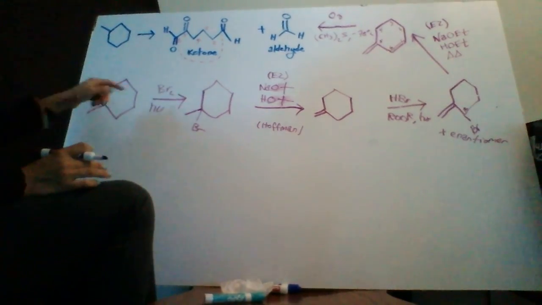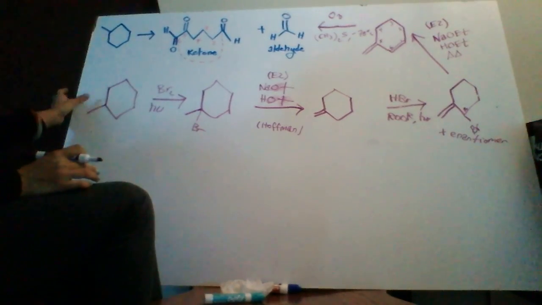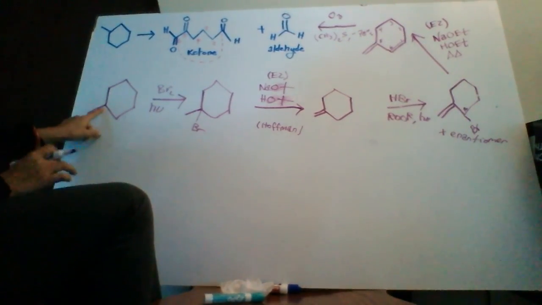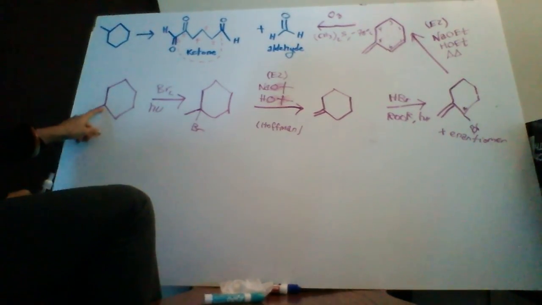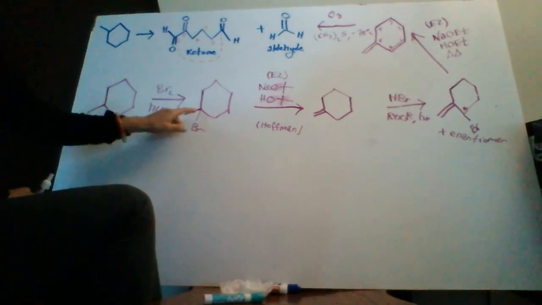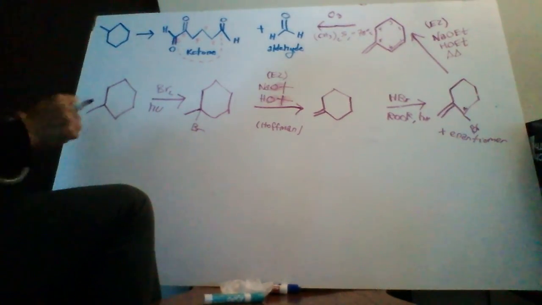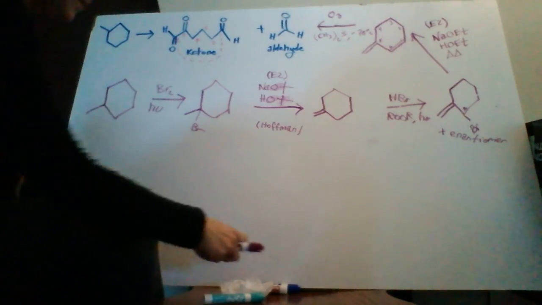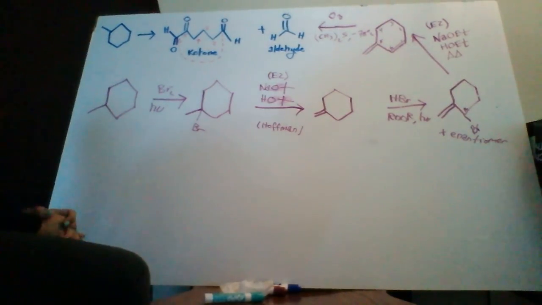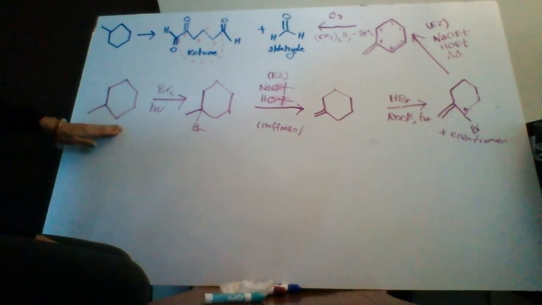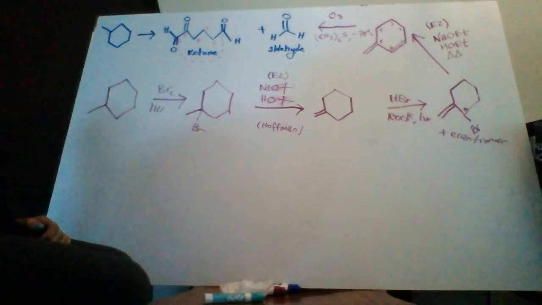And that works because when it forms a radical, it's going to form a radical at the most substituted carbon and then add the bromine in that position, which would give me bromine in this position. All right. And that is how we come from the methyl cyclohexane to our ketone and an aldehyde.